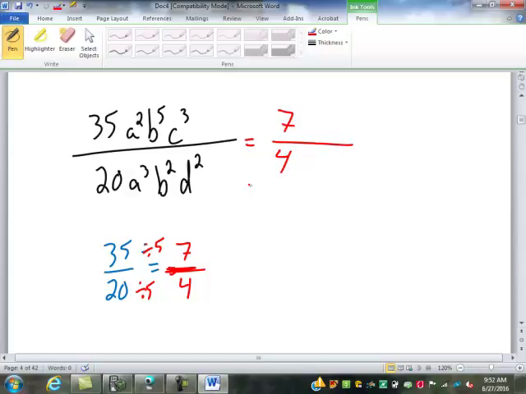Now what? A goes where? On the bottom. Bigger power was on bottom. And what power? 1. So just A. Good. What's next? B goes on top to the power of 3. 5 and 2 makes 3.